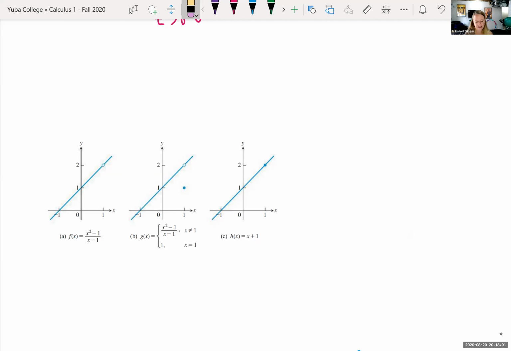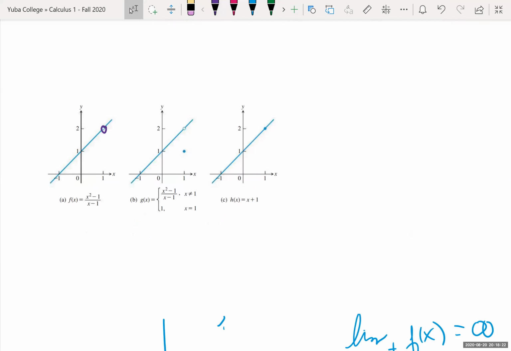Okay, so looking at the following, notice you have 3 graphs there. They almost look identical, right? Only difference is that in this first graph, you have an open circle. So let's just think back really quick about graphing rational functions from college algebra or algebra.